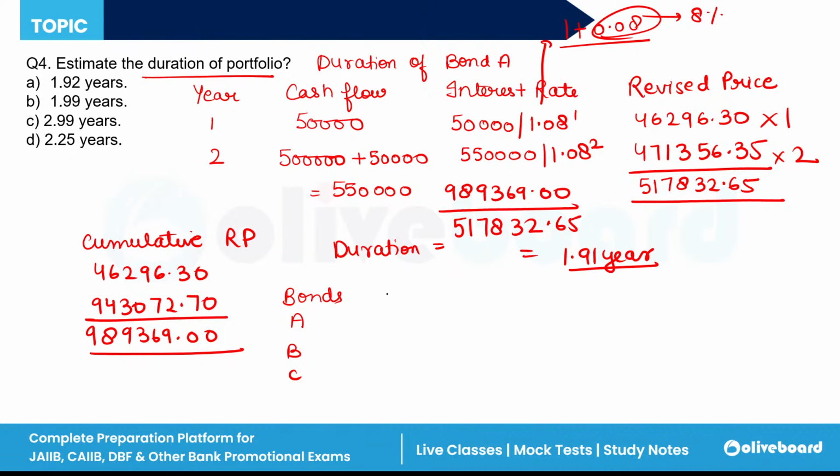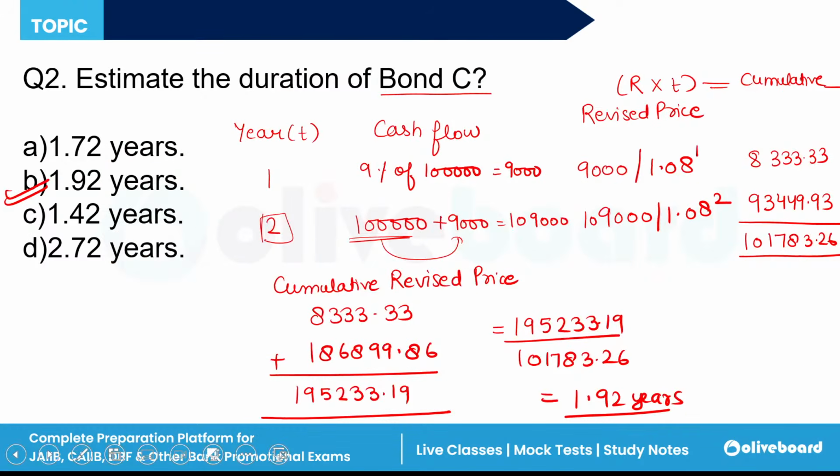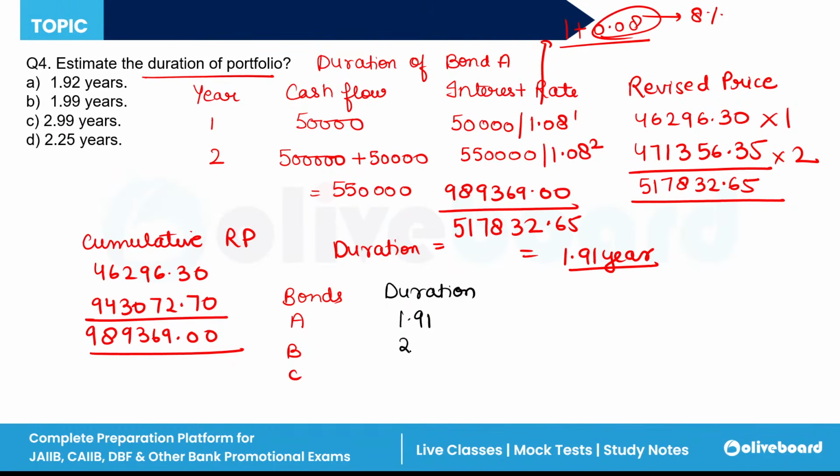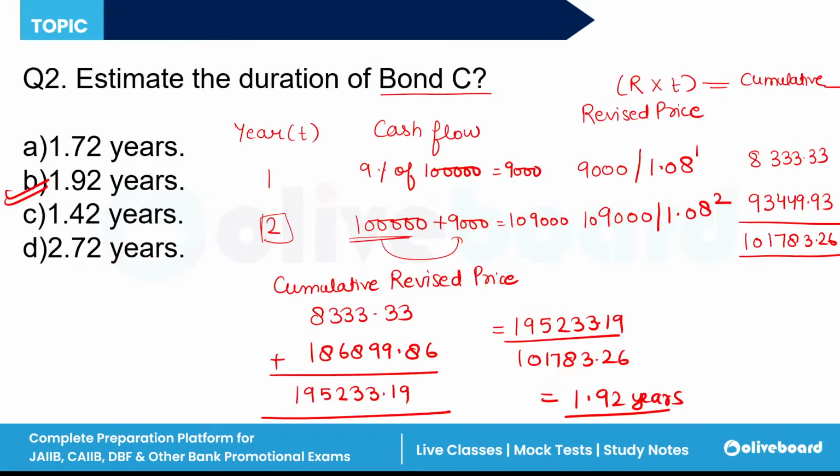A, B, C bond, and duration is, for the first one it is 1.91, for the second one we have 2.78, and for third one we have 1.92, right? And what is the present value? This is the present value for first one, this one 517832.65.